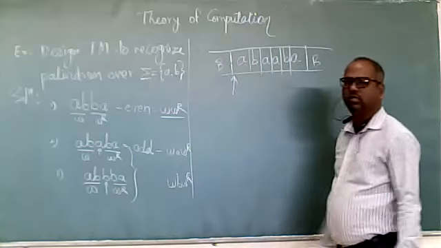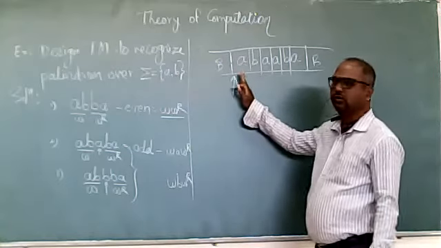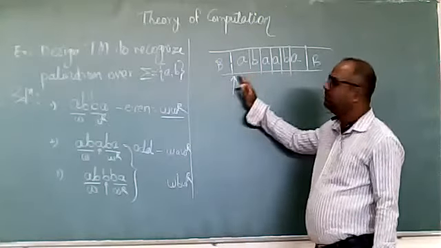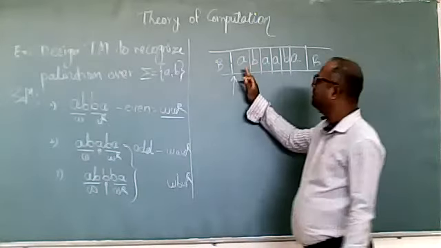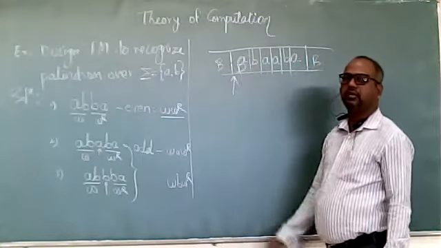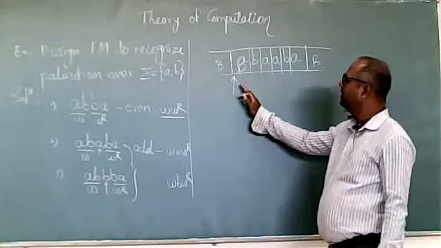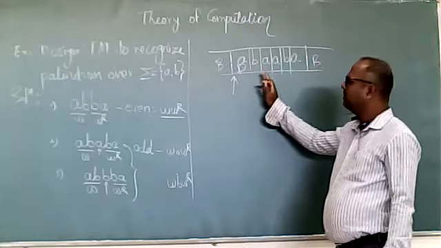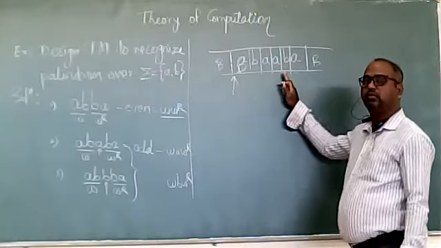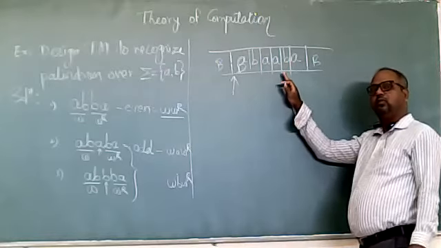So what logic will we develop? We'll check the first symbol. If the first symbol is a, we'll make it blank. Skip everything: b, skip, a, skip, a, skip, a, skip. Because now we have to check that the last symbol must be a.